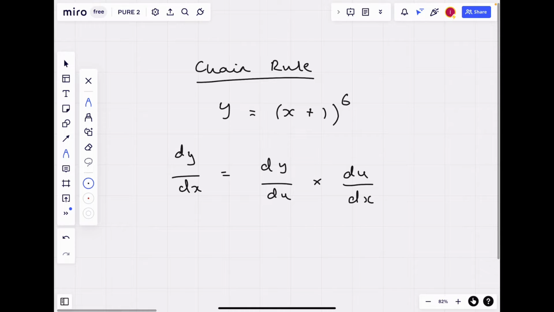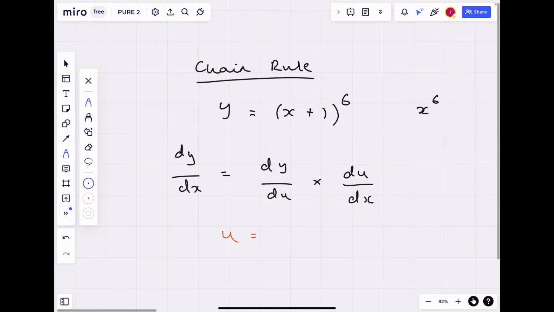So what you can do is you can make use of the chain rule and have a substitute. Typically you want to make u equal to the part of your function which is making things complicated. Let's say if you had x to the power of 6 and you had to differentiate that, that's easy.